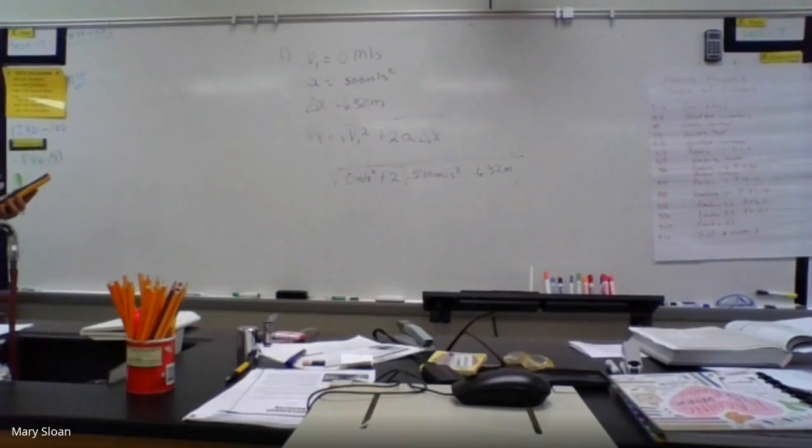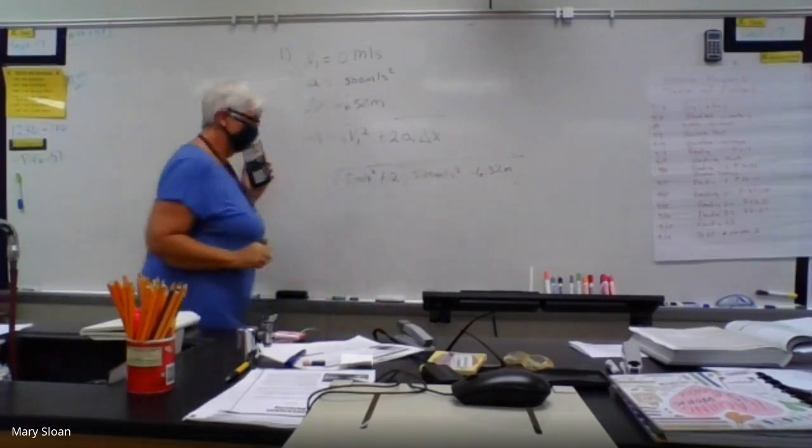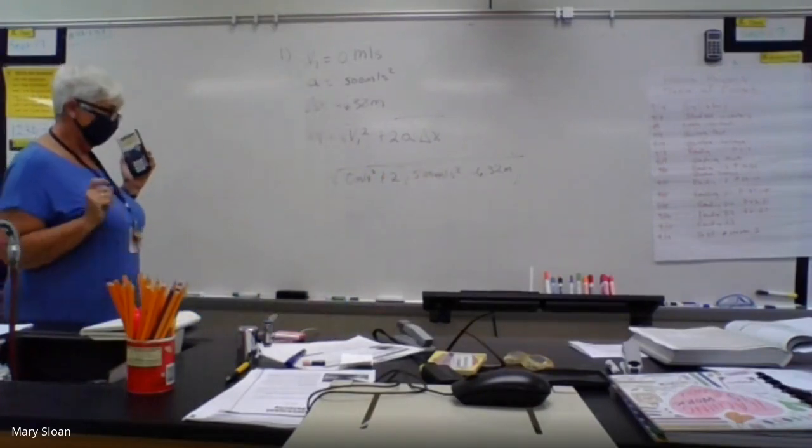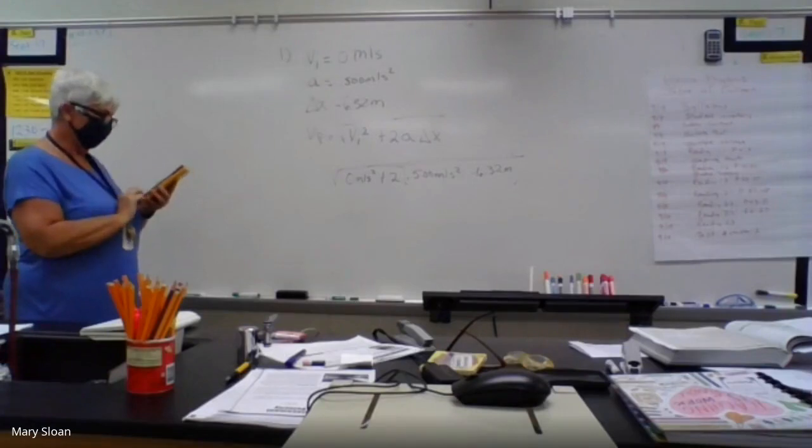We're going to do 0 squared. We're not squaring this though, right? Because that's my unit squared. And I'm going to times that by negative 6.32. Where's my bracket?